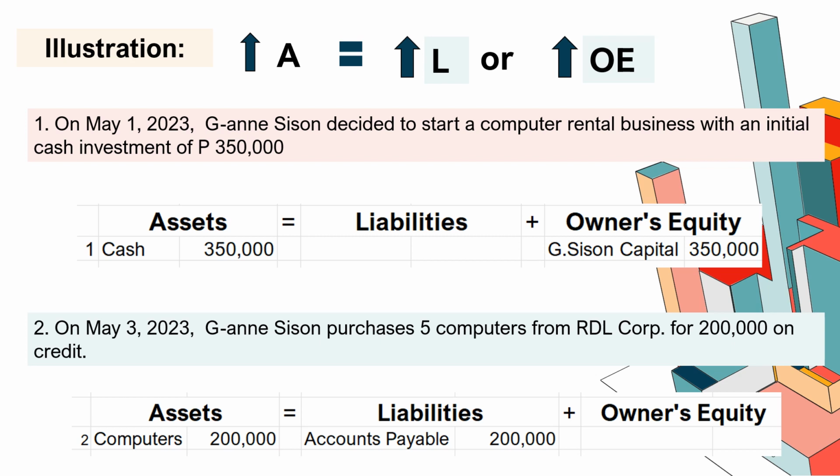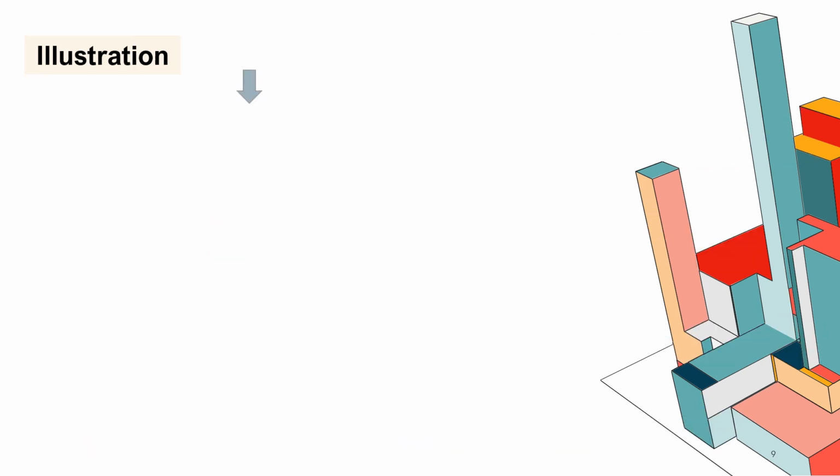And on credit, so we have a liability, or GN Season has a liability, and we use the account title accounts payable 200,000. The equality is maintained. Assets is 200,000 and liabilities in the form of accounts payable is 200,000, so they are equal.